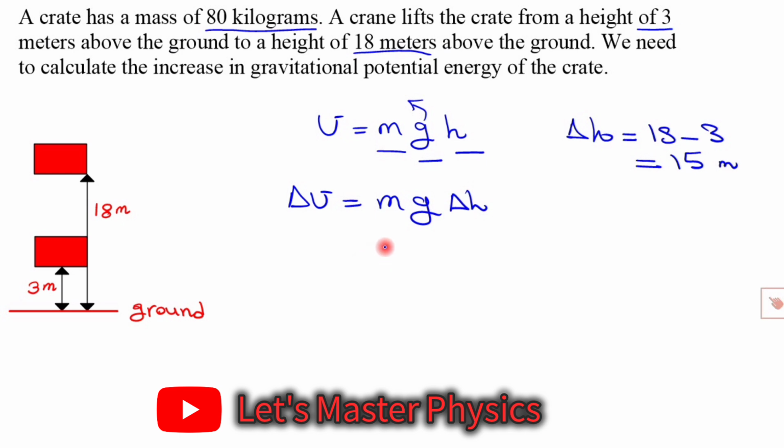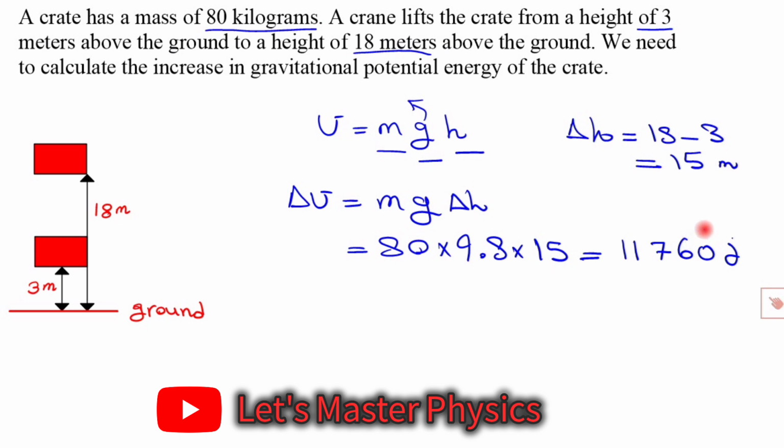Let's plug in the values. 18 times 9.8 times 15 is equal to 11,760 joules.